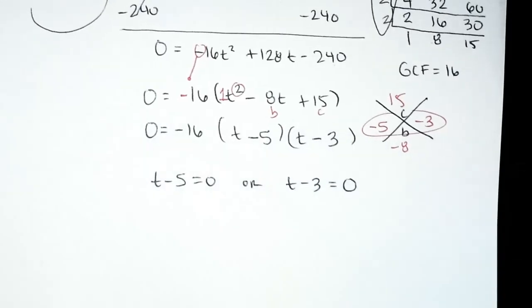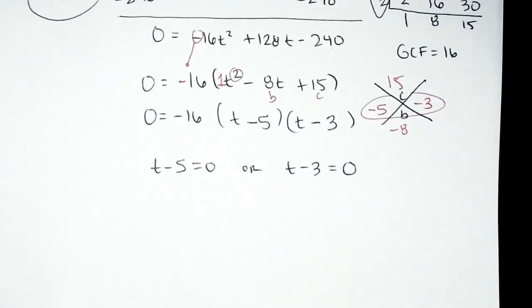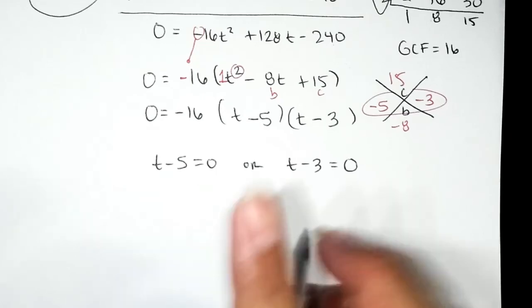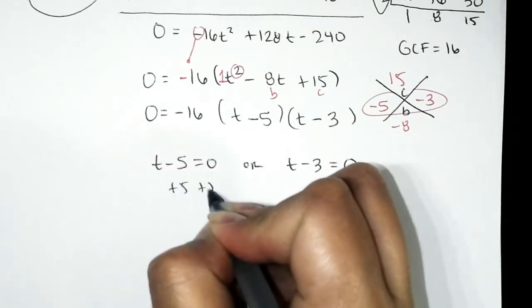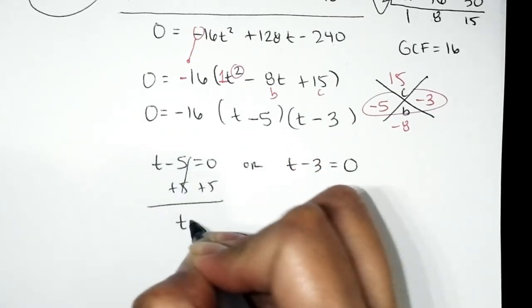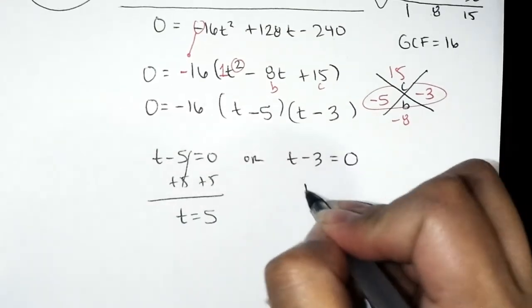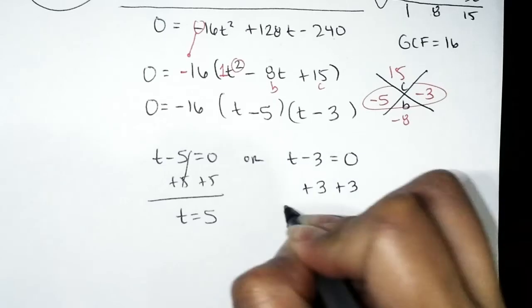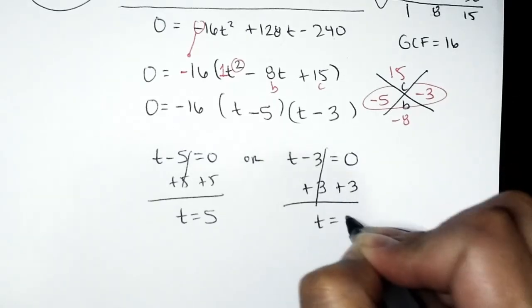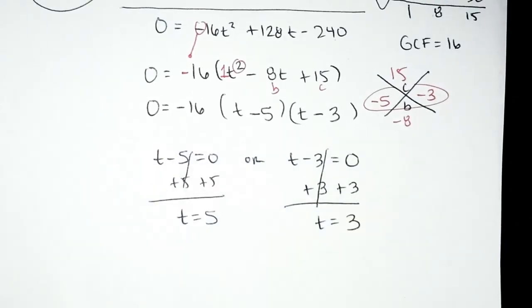Sorry, one of the factors, okay, not the solutions. If t minus 5 equals 0, after we add 5 to both sides, that will give us t equals 5. If that third factor equals 0, once we add 3 to both sides, that will give us t equals 3. Okay, so the solutions are 5 and 3.